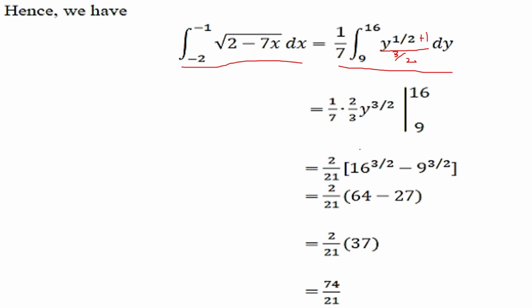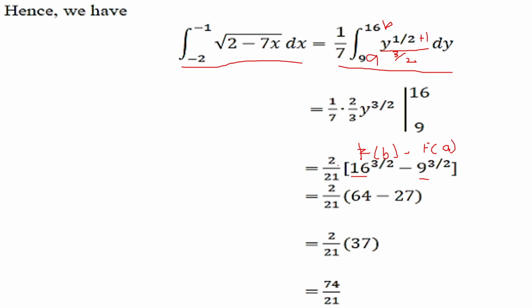Again, it is already switched in the given. This is already our b and this is our a. So it is f of b minus f of a.